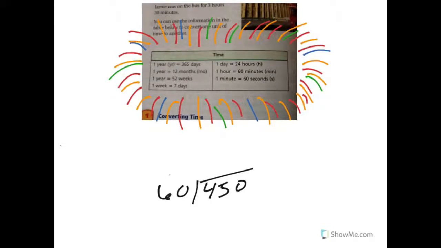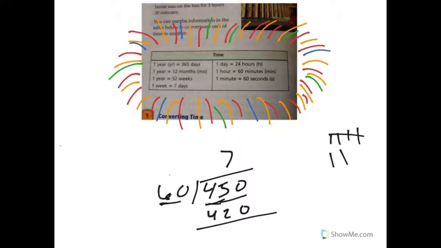450 divided by 60. 60 is not going into 45, but it does go into 450. So I'm going to count by sixes because I see 6 and I see 45 and I know my zeros can cancel out. So 6, 12, 18, 24, 30, 36, 42. It can't go up anymore. So I know that's 7 times. 7 times 6 is going to give us 420. 7 times 60.